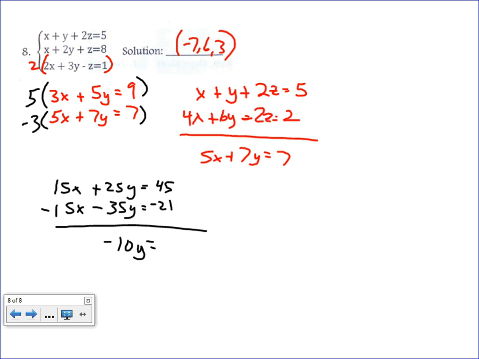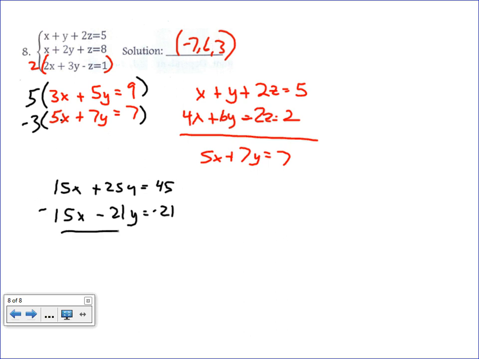It's minus 21y. So -3 times this is -15x. -3 times 7 is -21y. And that's -21. So this is 4y now. So y is certainly 6.